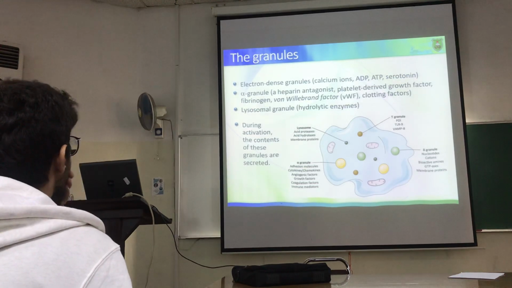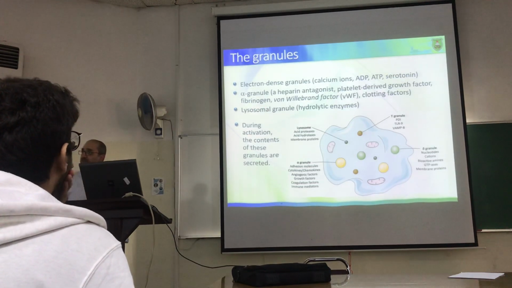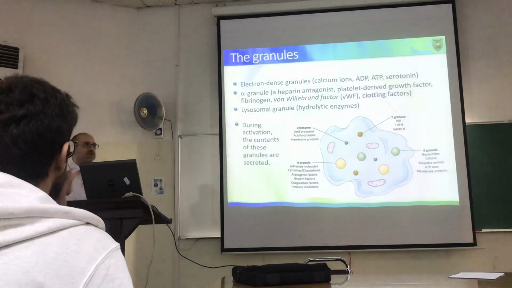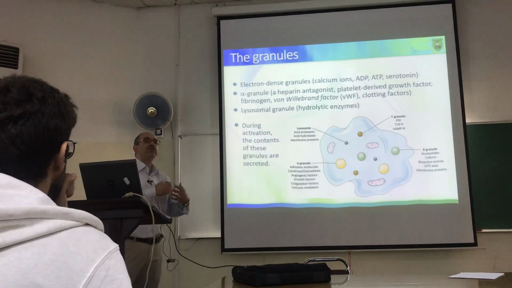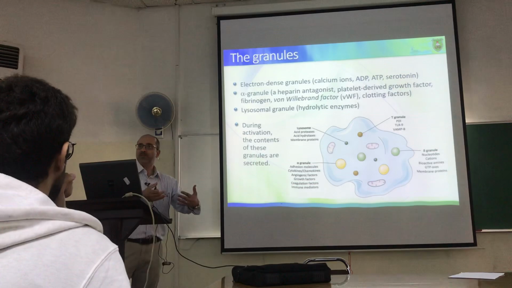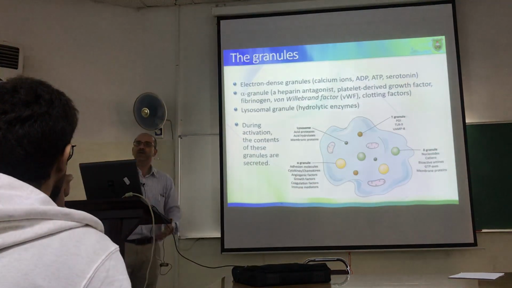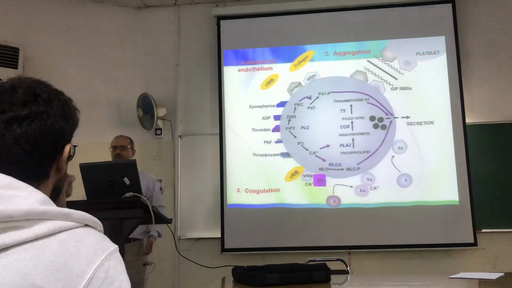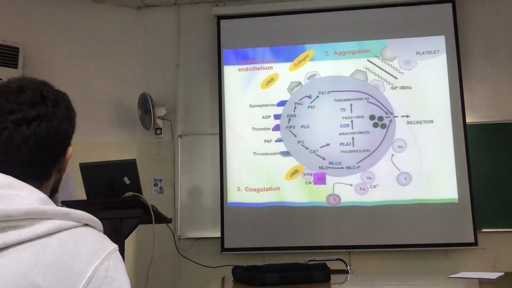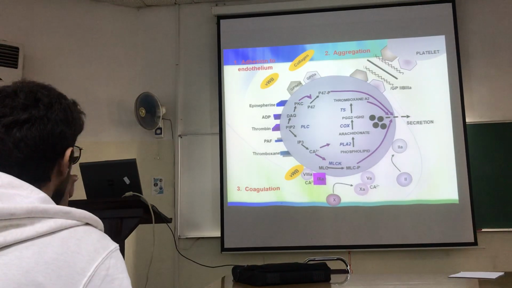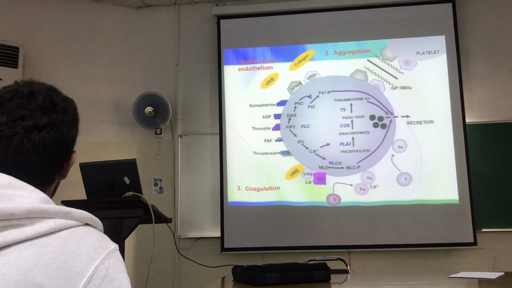Now what happens is that during activation of platelets, you have fusion of these granules to the plasma membrane and release of their contents. And then you have signaling that goes on. So the process looks something like this. It's again divided into different stages.